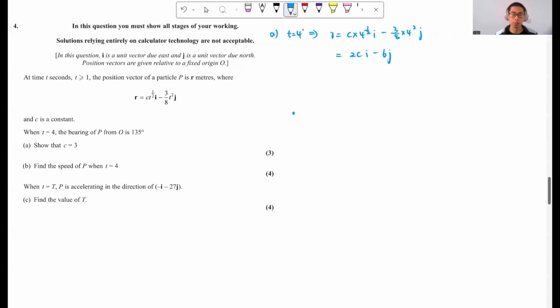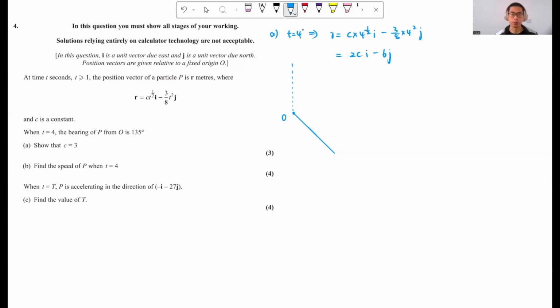If it's from O, we use the north line of O and then go clockwise 135 degrees. This is 90, this is 180, so 135 is somewhere between them. So P has to be somewhere along that line.